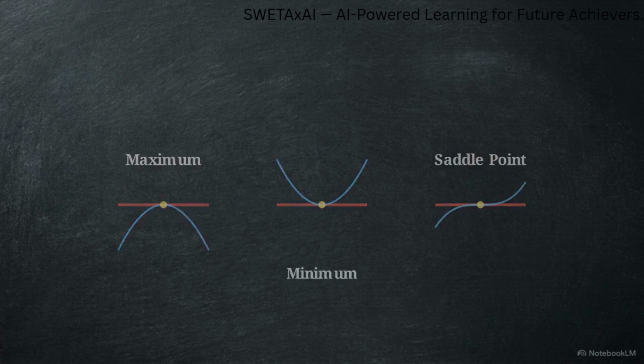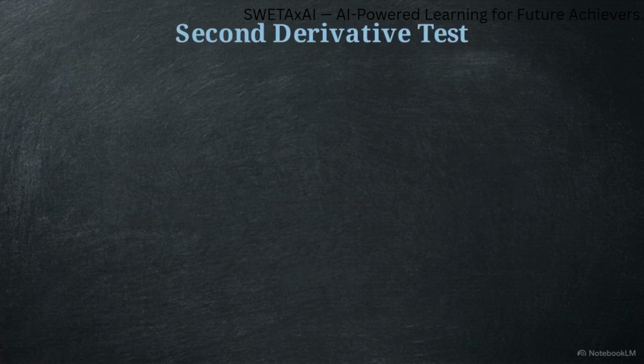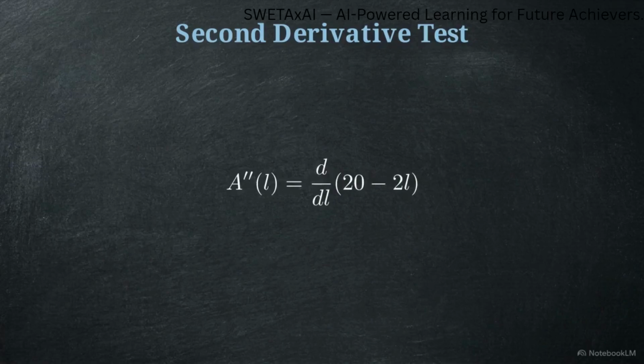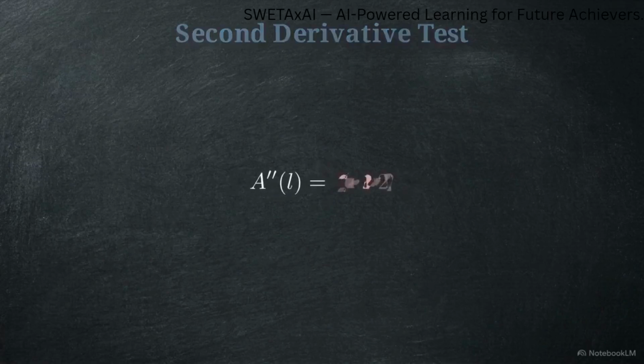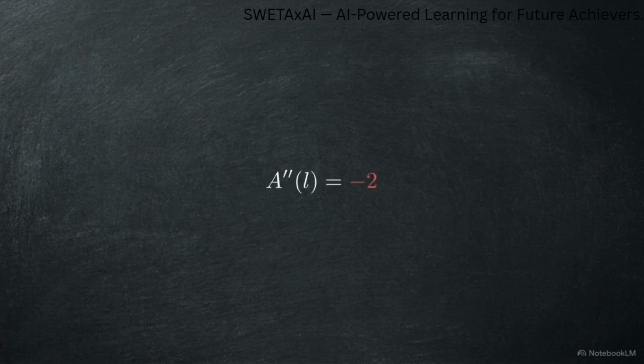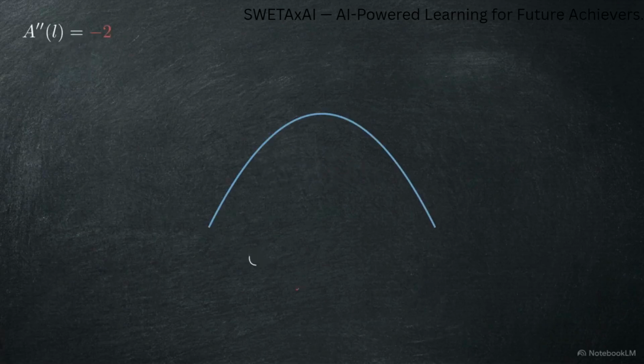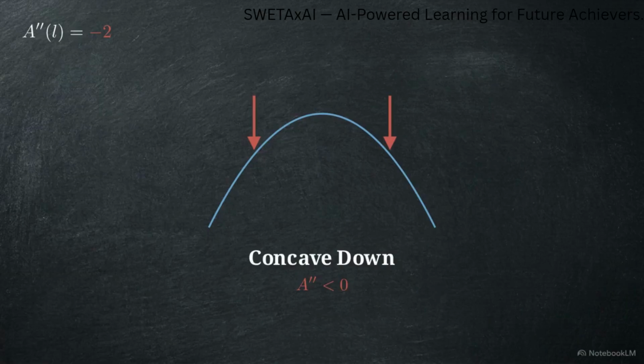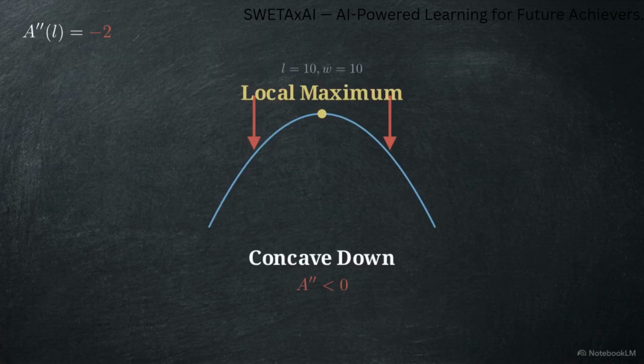Looking closely at the apex in this view introduces the mandatory verification phase, the second derivative test, which analyzes the concavity of the curve. We take our first derivative, 20 minus 2L, and differentiate it a second time. This yields a constant value of -2. A negative second derivative dictates that the curve is concave down. This geometric curvature verifies that our stationary point is a local maximum.